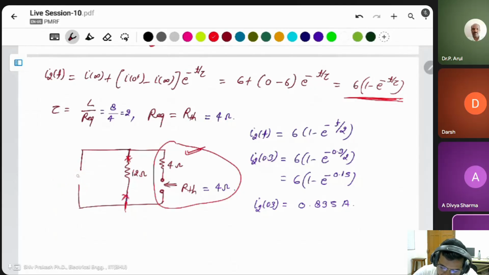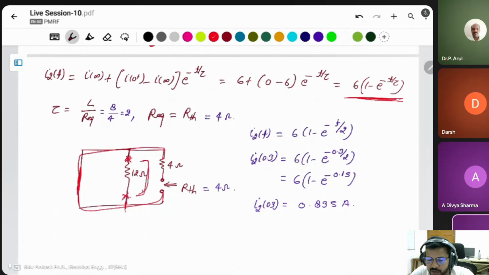And you know that for the RTH, to find the Thevenin equivalent resistor, the voltage source will be short circuited. If it is short circuited, all the current passes through this one only, not this branch. That's why this resistor will be eliminated in the calculation of the RTH or R equivalent for this question. If this branch is eliminated, only the 4 ohm resistor is there to affect the transient effect of the circuit. Because both are connected in parallel, both are independent.